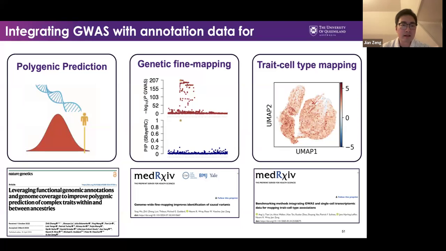And the other way around, if that indeed improves the prediction accuracy, that justifies that the identified causal cell type and stage are truly relevant to the trait. Currently we are using this generalized linear model to incorporate annotation into the prediction model, but we know there must be a lot of nonlinearity between annotations. So maybe in the future, machine learning methods could also be useful in this area.